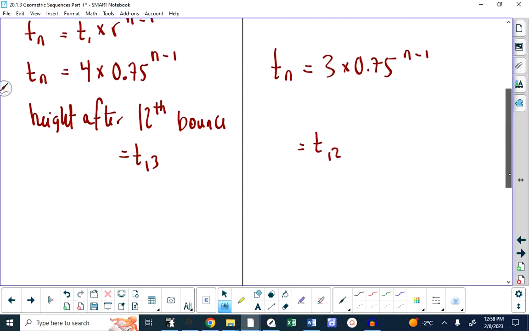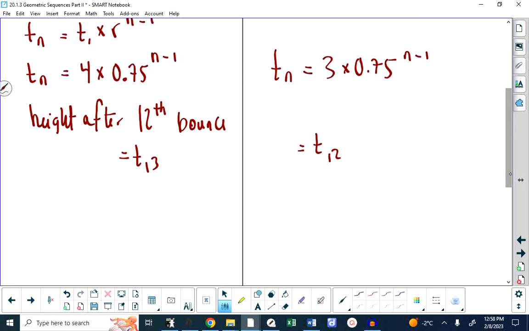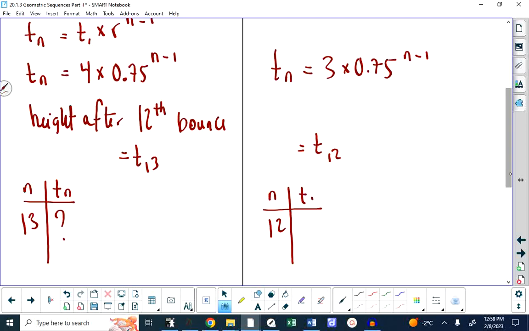I do want you to notice something, though. Here, we're trying to find that. We're going to put n equals 13 in and calculate it. Here, we're trying to find that. What happens when we put 13 in here? We get 4 times 0.75 to the 13 minus 1.